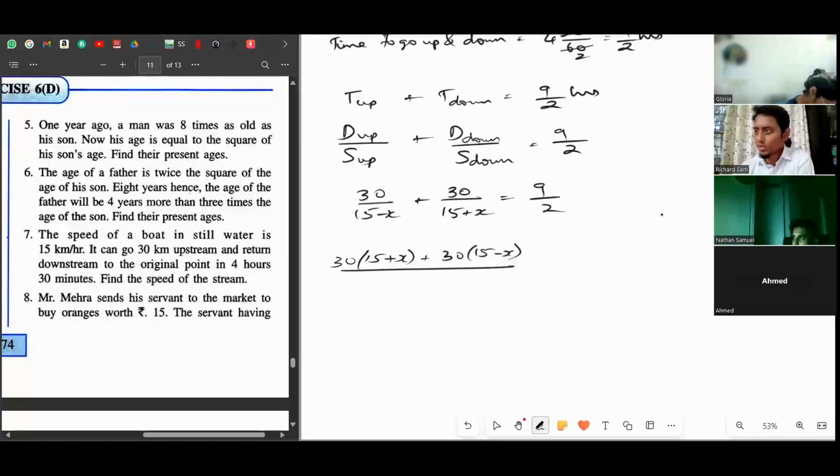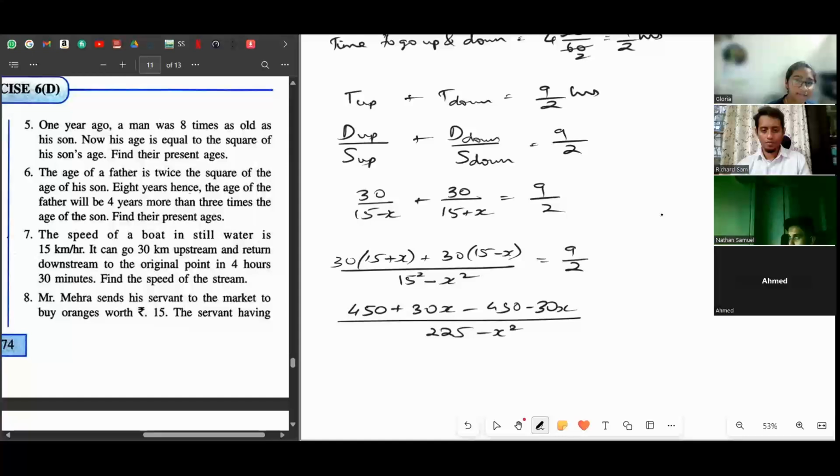So instead of doing binomial into binomial, you can directly write 15 square minus x square, right, a square minus b square. Sir, it will come plus 450, no? Yeah, plus, sorry.